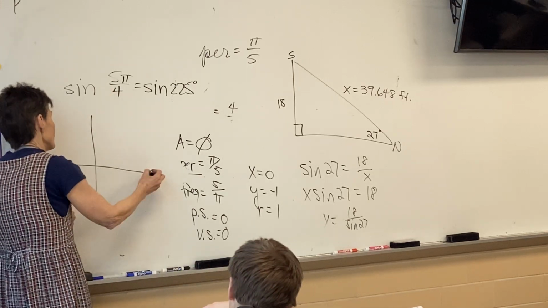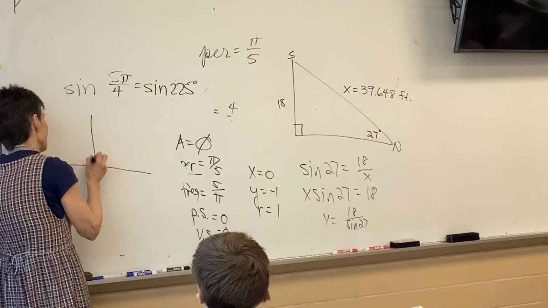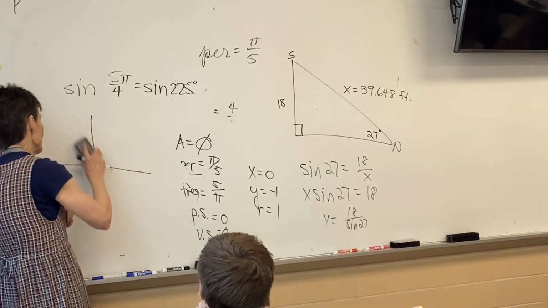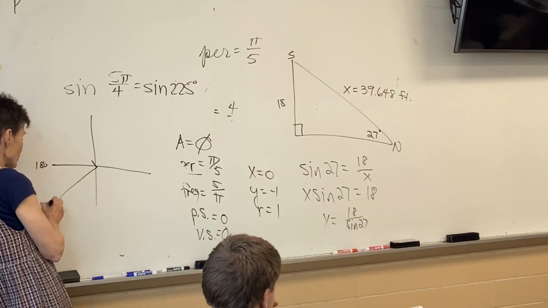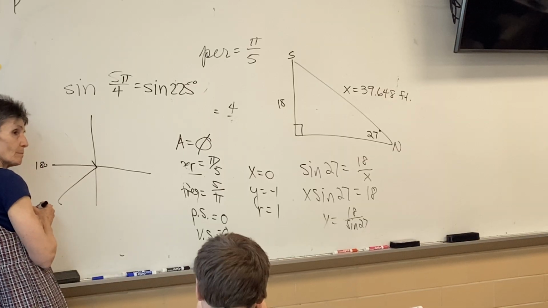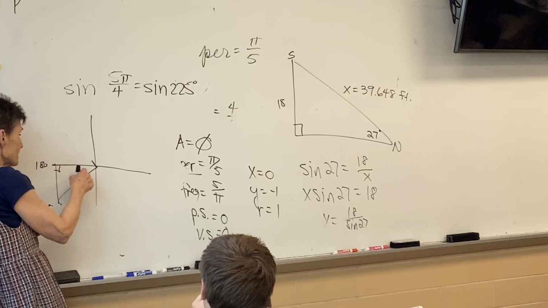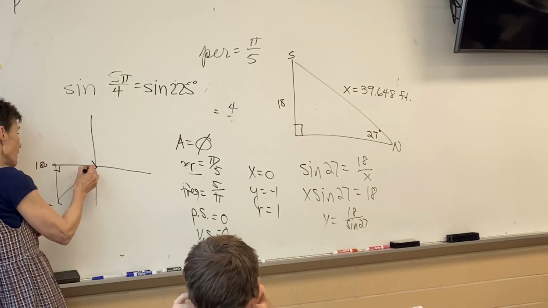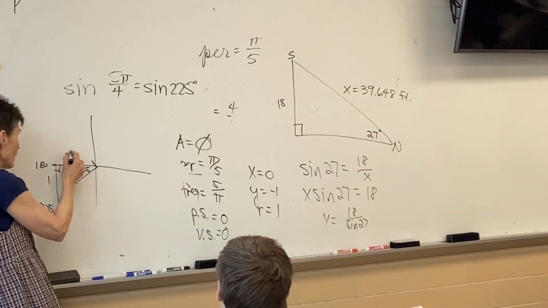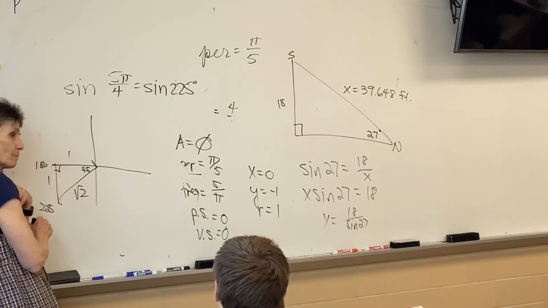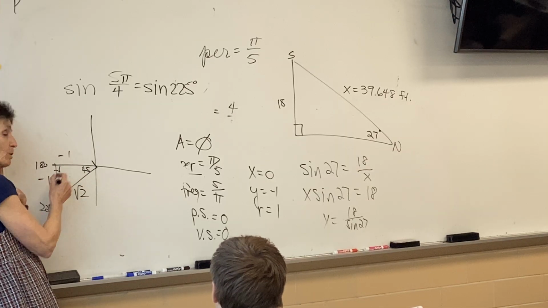Now, 225 is down here. This is 180, this is 225. How big is that angle? 45. 4 pi over 4, if you're in radians. So 1, 2. Be careful, these are both negative.